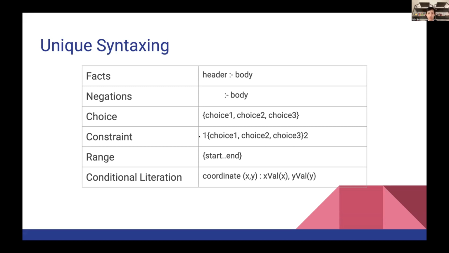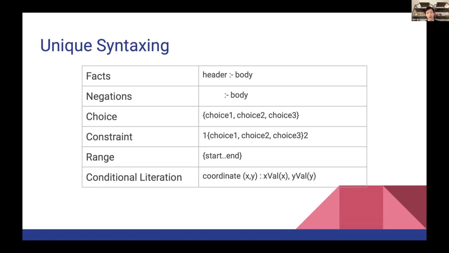In this case, I restricted the constraint from 1 to 2, which means the program can pick at least one choice or at most 2 choices. It cannot be 3 choices, and it cannot be no choices.